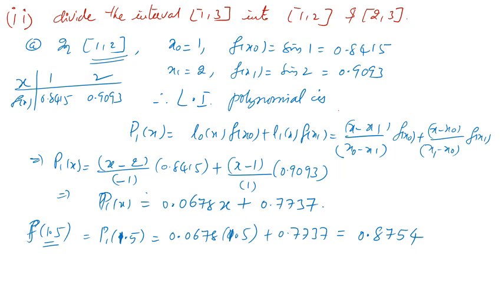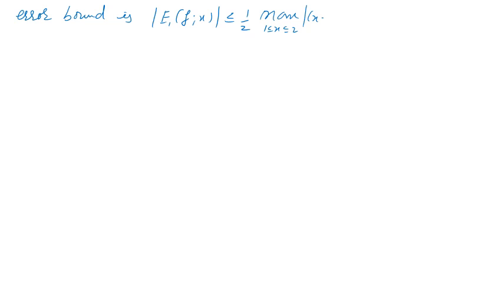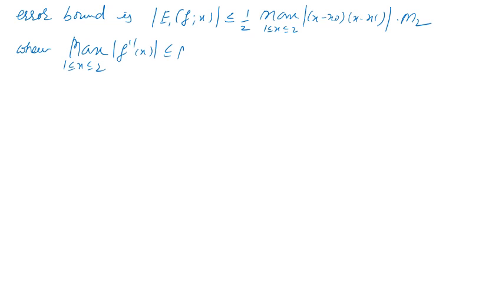Now the truncation error bound, E1 of f(x), is less than or equal to 1 by 2 times the maximum over the interval 1 to 2 of |(x − x0)(x − x1)| times M2, where the maximum over 1 ≤ x ≤ 2 of |f''(x)| is less than or equal to M2.